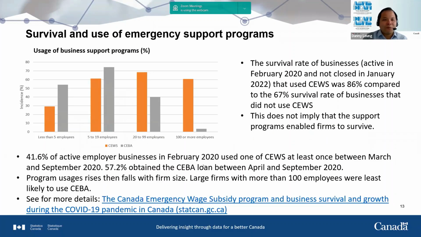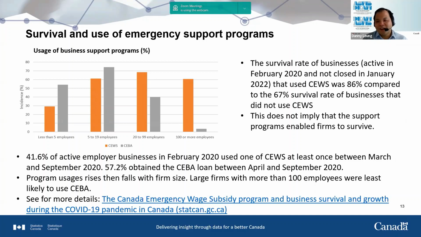As I mentioned, one of the key things that are probably going on here is the emergency support programs. Just as an example, firms that used the Canada Emergency Wage Subsidy at least one time had a survival rate of 86%, compared to firms that did not use it, 67%.